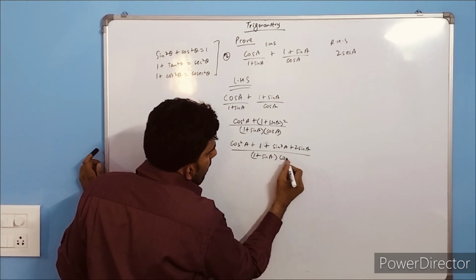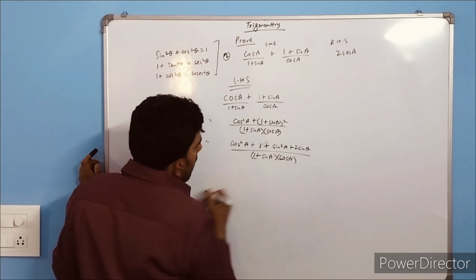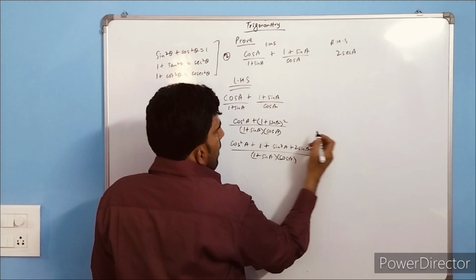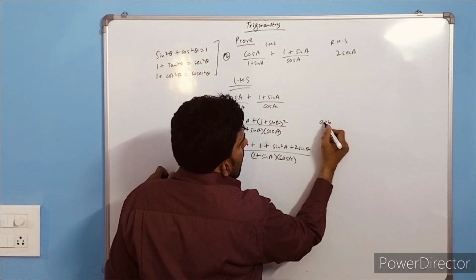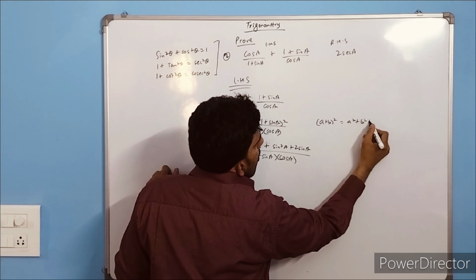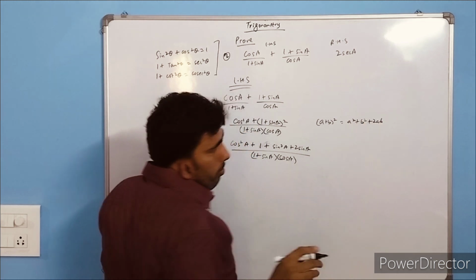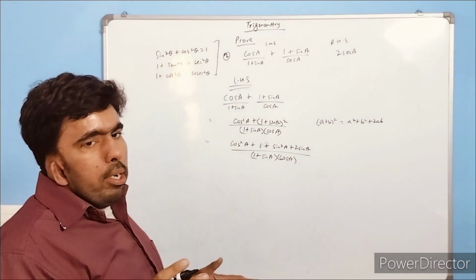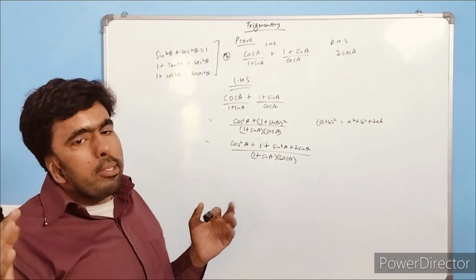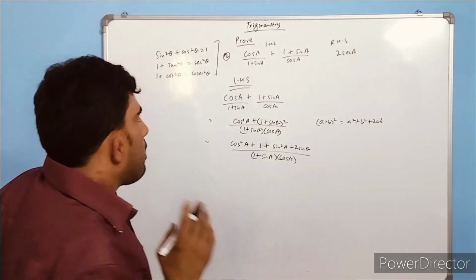We have done it in a very simple way. I can write here also (A plus B) whole square, A square plus B square plus 2AB. These identities we have already learned, we have studied in earlier classes, in the polynomial chapter in 9th class. Okay, so it's easier for us to remember.